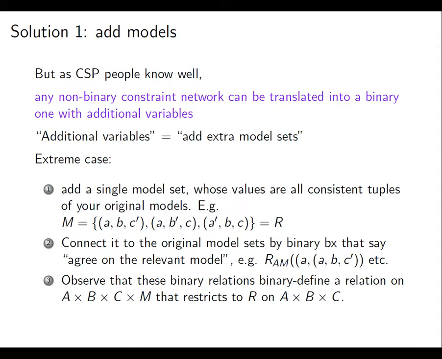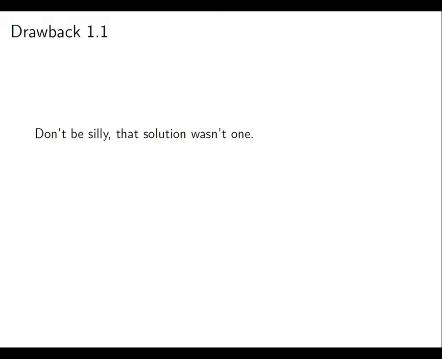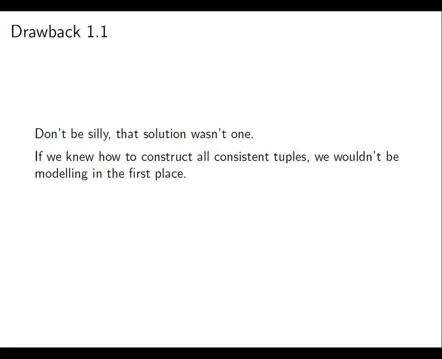Okay, so in that sense we can indeed express our original Multiary relation in terms of binary relations by adding an extra model set. So are we happy? We absolutely are not happy. That solution was not one. If we knew how to construct all consistent tuples of our model sets in the first place, we wouldn't be modelling.